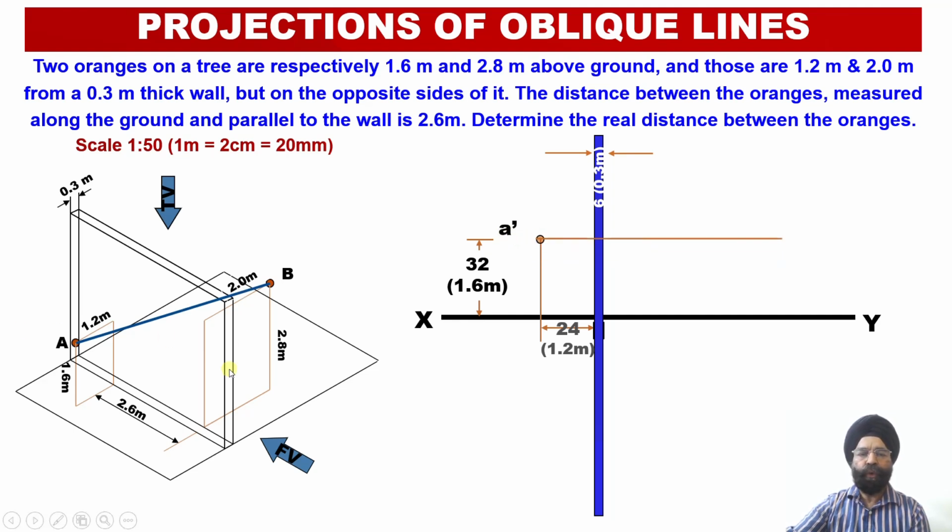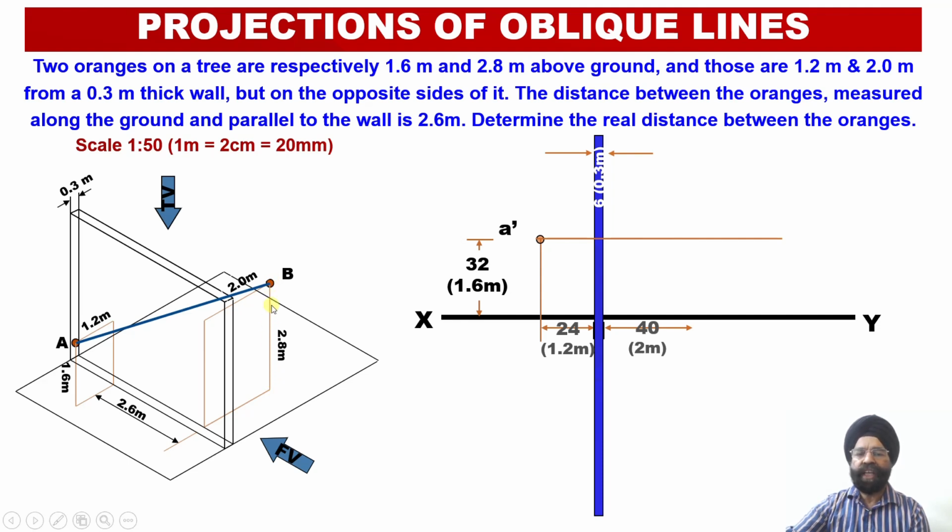Similarly, we will be using the coordinates corresponding to the point B. Now we can check. Point B is located at a distance of 2 meter on the right hand side from this wall. So 2 meter means we have to draw a distance of 40 millimeter on the right hand side of this wall. So 40 millimeter towards the right side we have drawn, and then the height of this orange happens to be 2.8 meters above the ground.